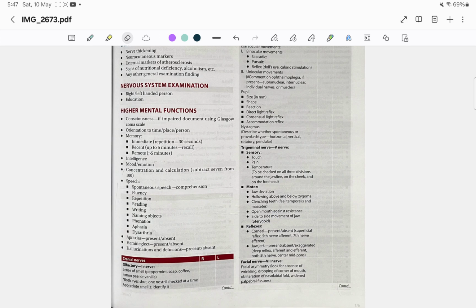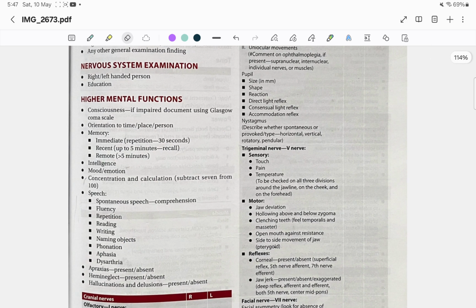For example, in memory you can ask educated people numbers, subtraction, addition, but for uneducated people we will ask them to count money, something everyone knows. For example, 100 rupees, 300 rupees, those things everybody knows.